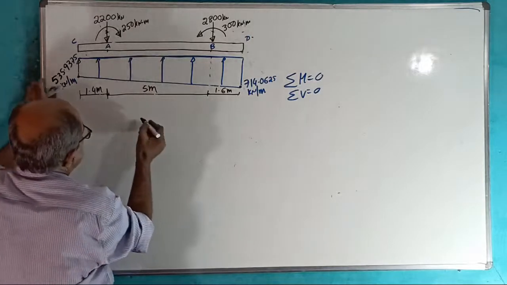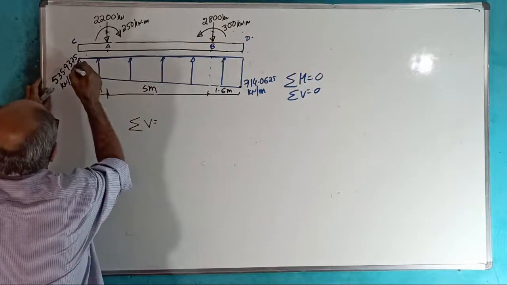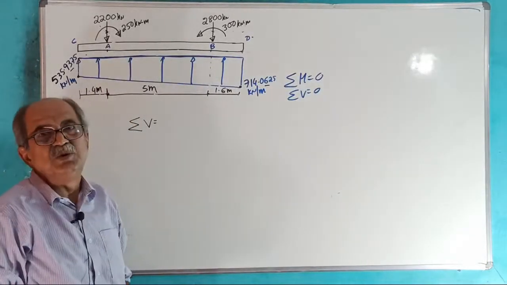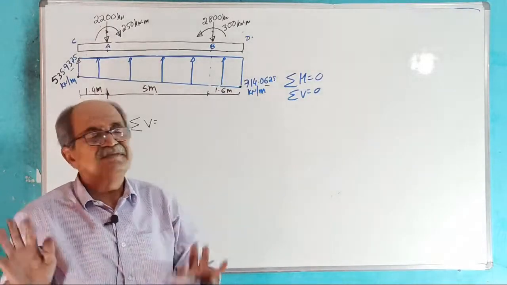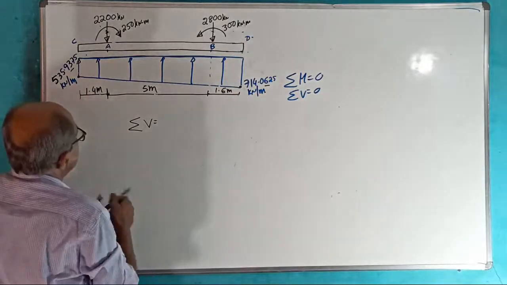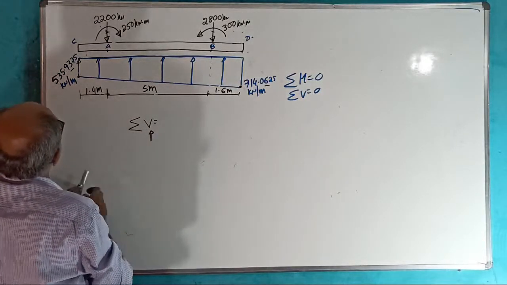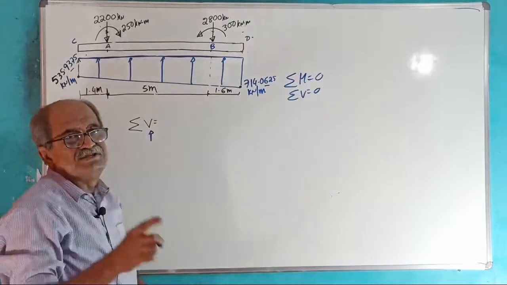Start. Sigma V. See how I got this value. It is not a big issue. Once you understand, it is very simple. Sigma V equal to, upward positive. Total upward load. Thousands of times I told.